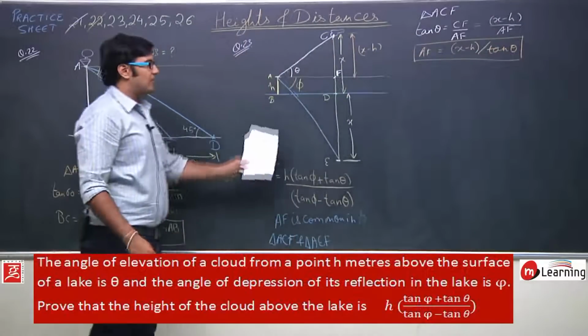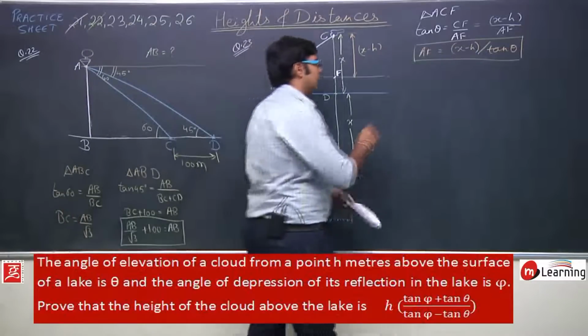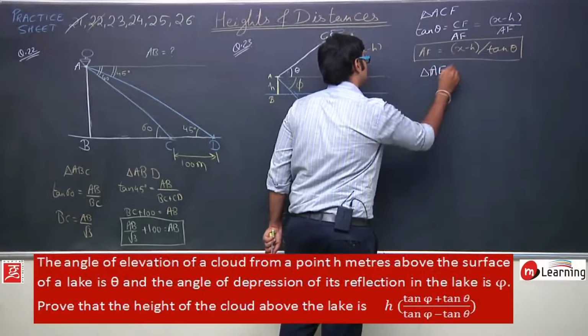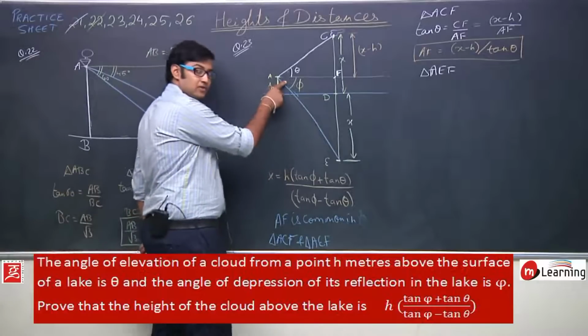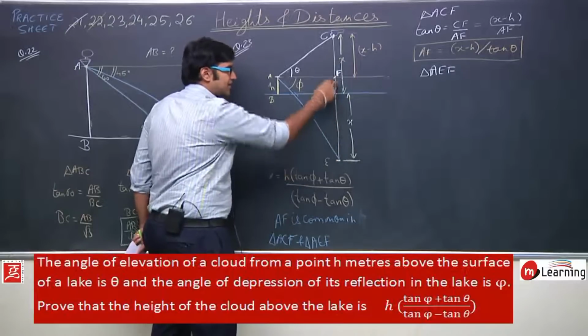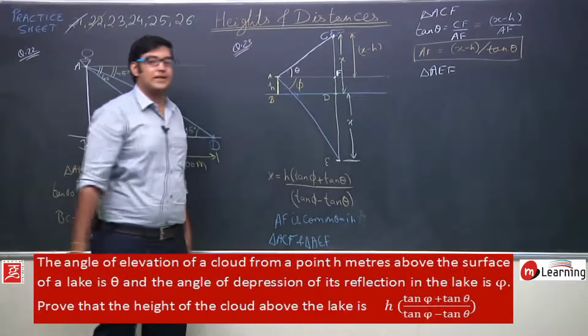Now the phi angle lies in triangle AEF. So in triangle AEF, what I can see is this is angle phi. This line FD is perpendicular and this AF is base.